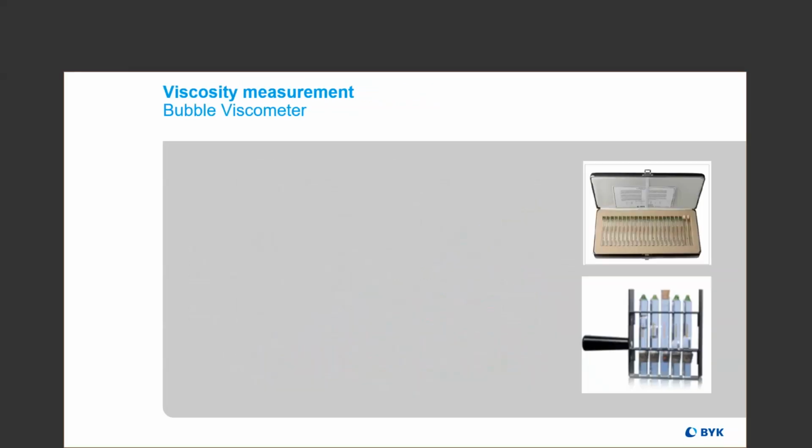So our next category of viscosity measurement tool, we call them bubble viscometers, or sometimes they're referred to just as bubble tubes. And these are liquid standards in sealed glass tubes. You have one open tube that you can place your sample in to be measured.